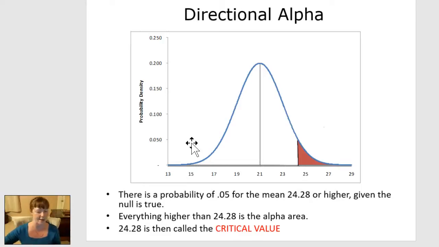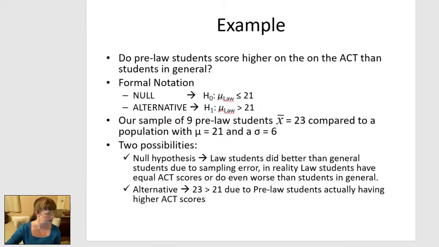Let's go back to this example here. I'm now going to create my null hypothesis sampling distribution of the mean, which is my theoretical, hypothetical, probability density plot of an infinite number of sample averages where I assume the null is true, that these 9 students are simply a random sample from the population that also has an average of 21, because the null hypothesis says that these law students aren't any different than the general population.